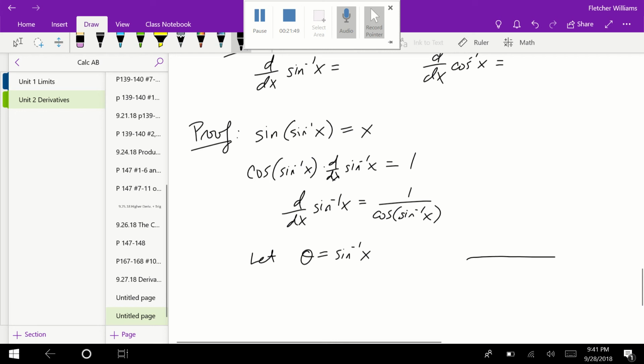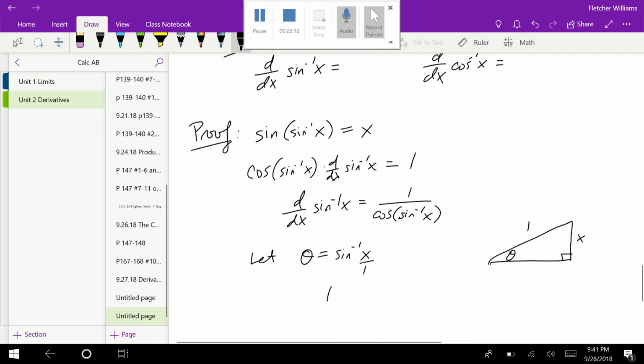Remember that SOHCAHTOA says sine is opposite over hypotenuse. So you can draw a triangle, label theta here, and say inverse sine of x, opposite over hypotenuse, would be x over 1.